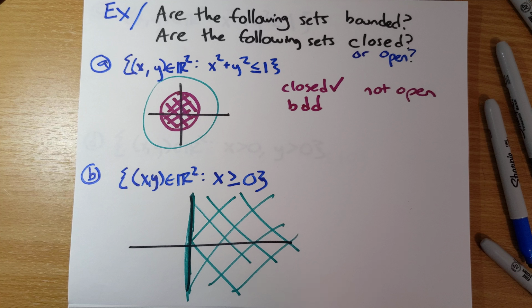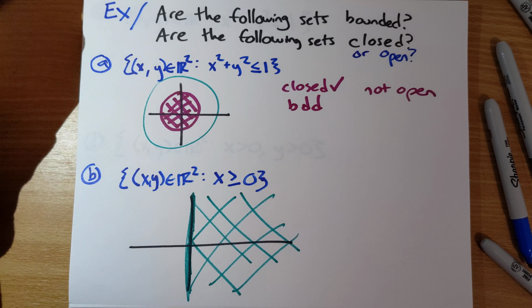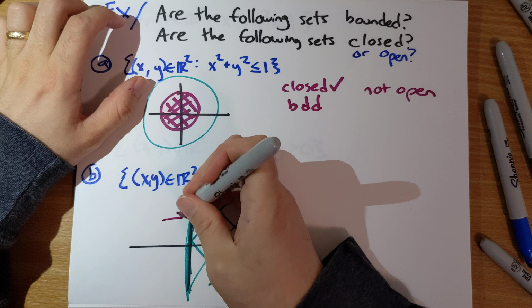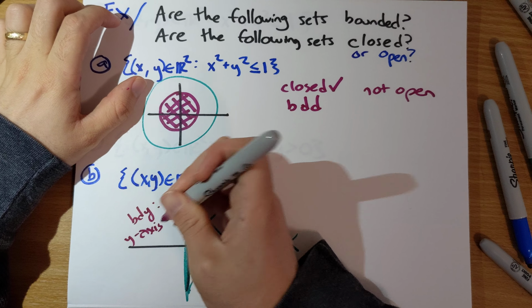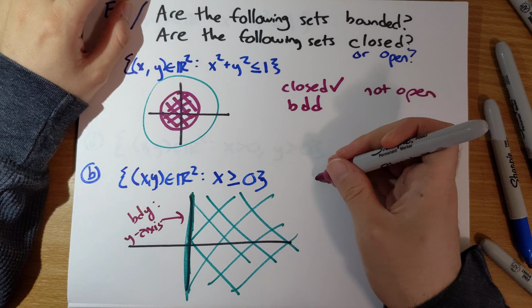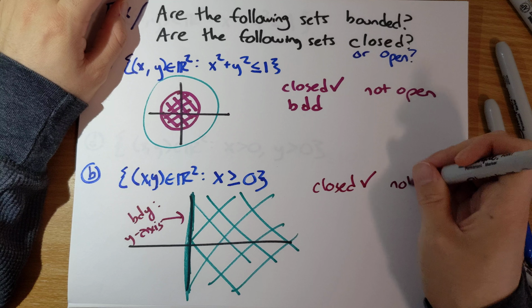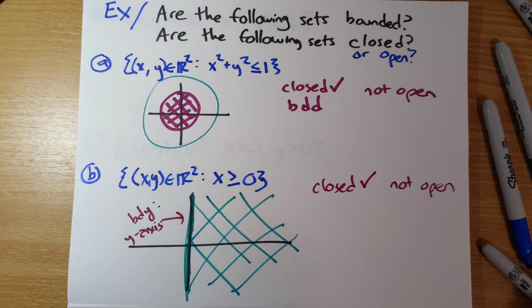Okay, is it closed? Well, the y-axis is the boundary, and it contains the entire y-axis, so this is closed. So that's good. It's not open. Points on the y-axis are not in the interior, so it's not open.